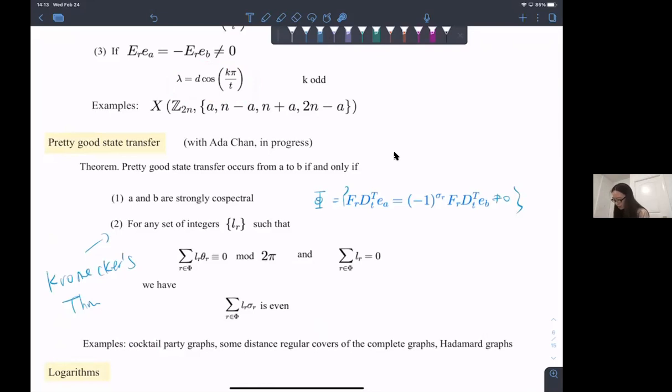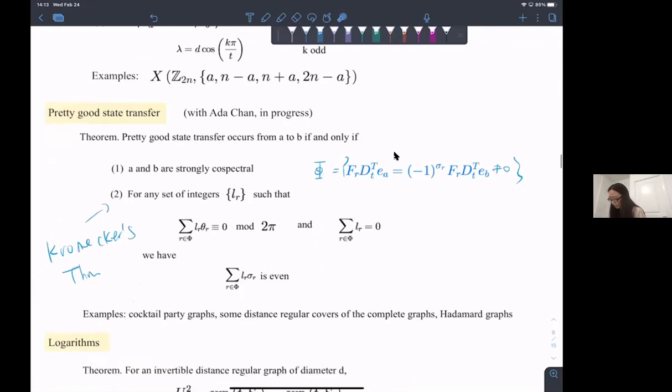The highlight is that theta r is coming from the eigenvalues of the graph, and we want to measure how linearly independent they are over the rational numbers. The more linearly independent, the more likely we're going to have pretty good state transfer. This characterization comes from a very old theorem due to Kronecker, so if you're interested, you can look that up.